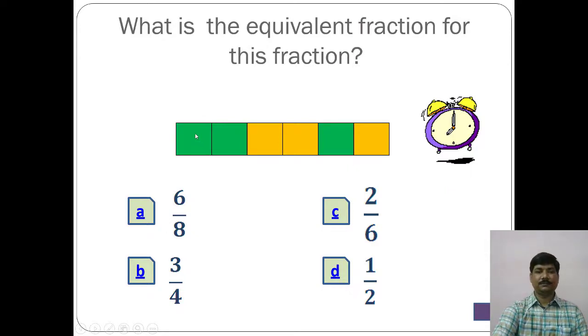If we ask what is the equivalent fraction of the green shaded portion? The green shaded portion is 3 out of the 6. So it is half, 1 upon 2. So the option will be 1 upon 2.